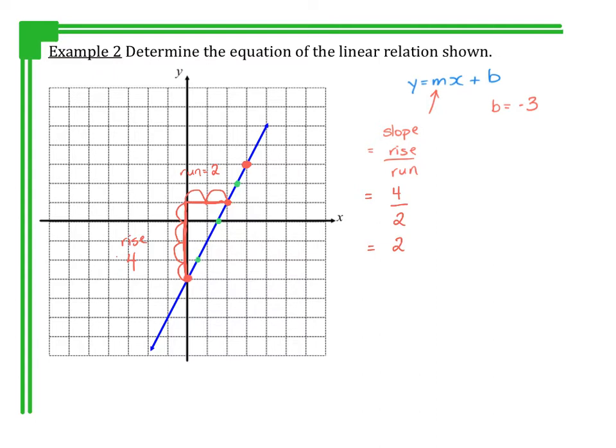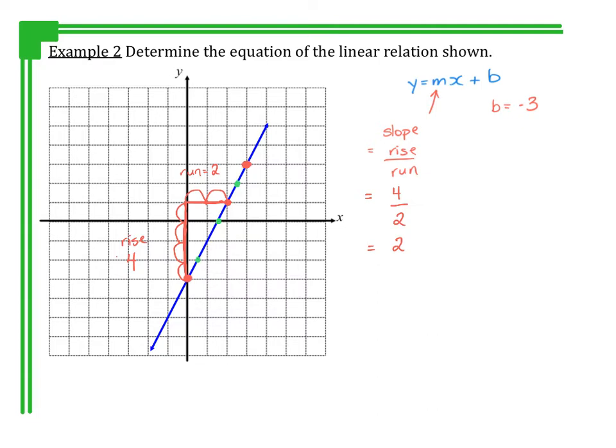Okay. Now, if we were in the classroom, I think some people would ask me the following question. Would I get the same answer if I chose 2 different points? My answer to that is yes, you would get the same answer for slope.